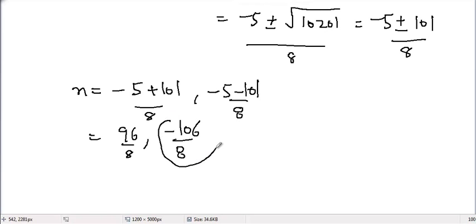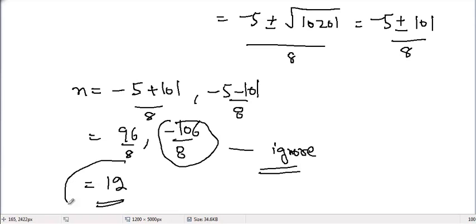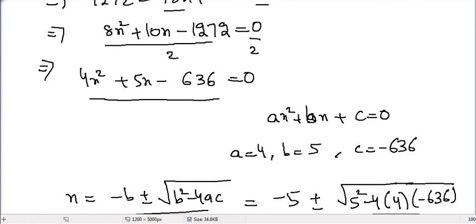I can ignore this value because the number of terms cannot be negative, or even a fractional value; we will ignore this value because the number of terms cannot be negative or a fraction. So I just need to consider the value 96 divided by 8, and 96 divided by 8 is equal to 12. So that's the solution, n is equal to 12.